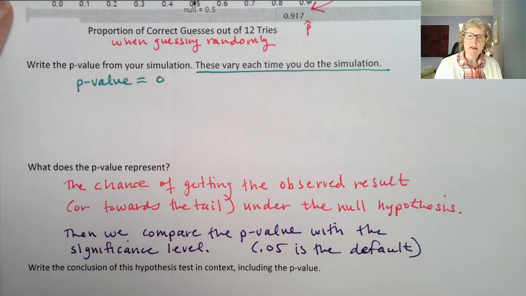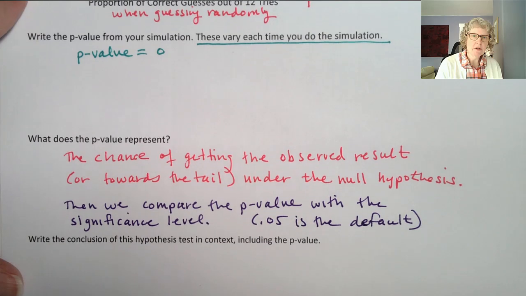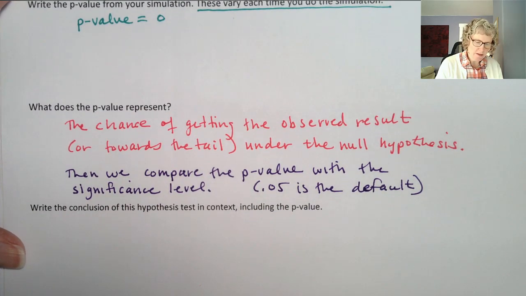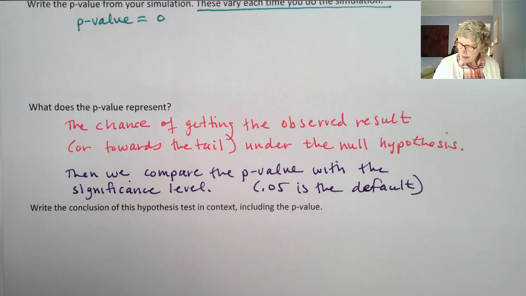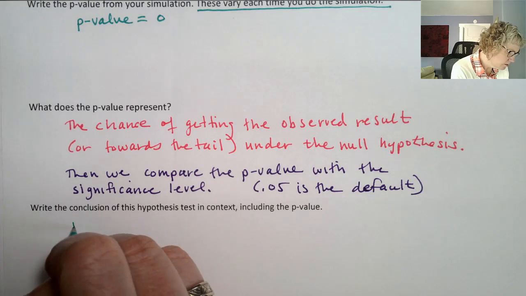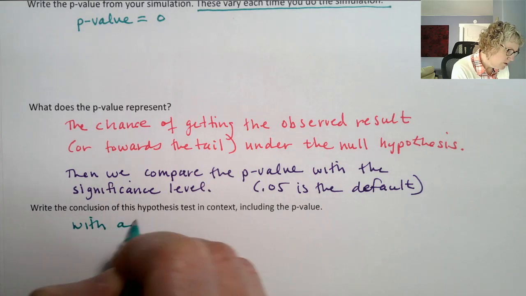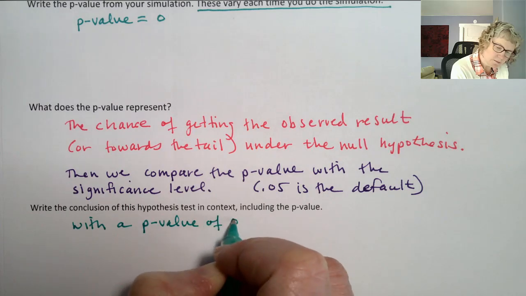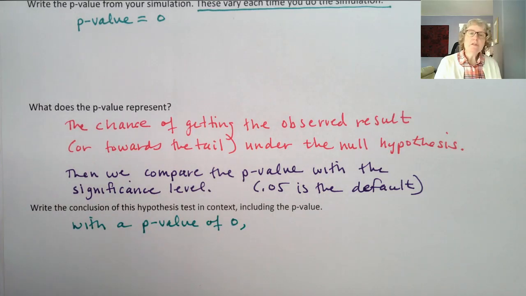Now we can write out our conclusion to review that part of the hypothesis test. First we're going to state our p-value, with a p-value of 0. Then we either fail to reject or we reject the null. So small is significant, right?